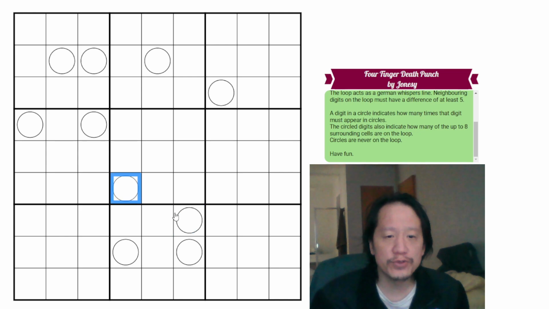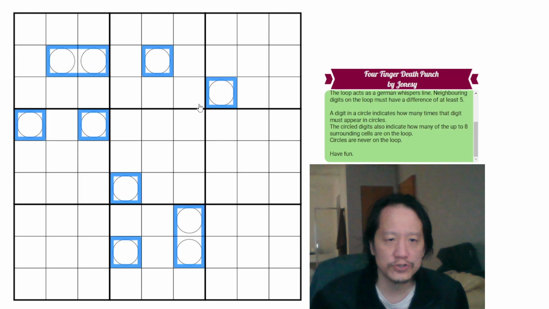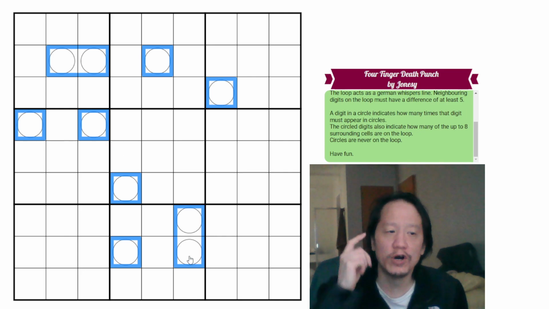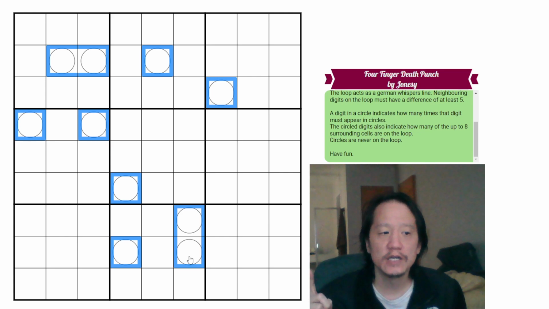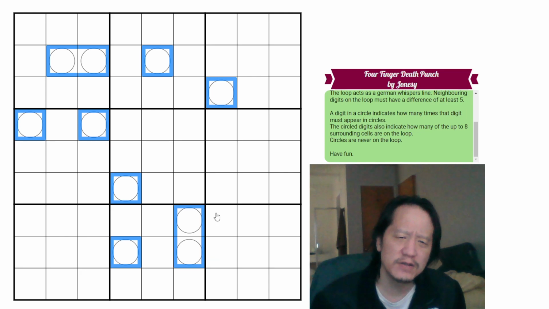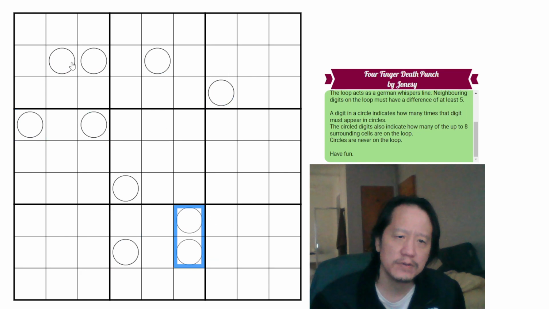It could be 1, 3, and 6. That is possible. So of the circles, again, there's 10. It's either 1, 2, 3, 4, or 1, 3, 6. It could be 1, 4, 5. Can it be 1, 4, 5? Maybe. I think so, yeah.